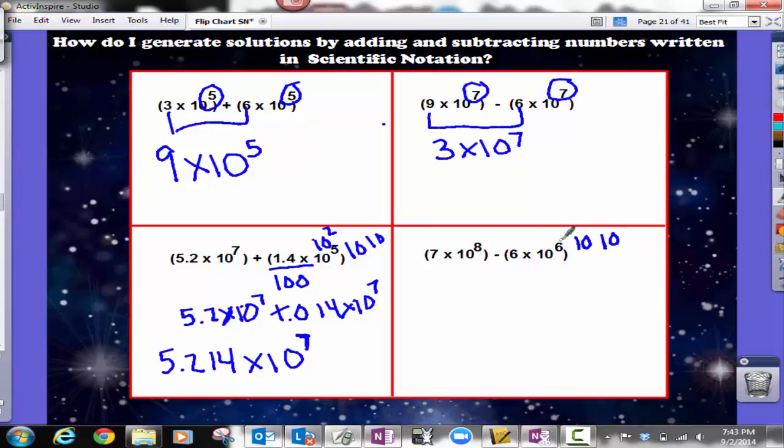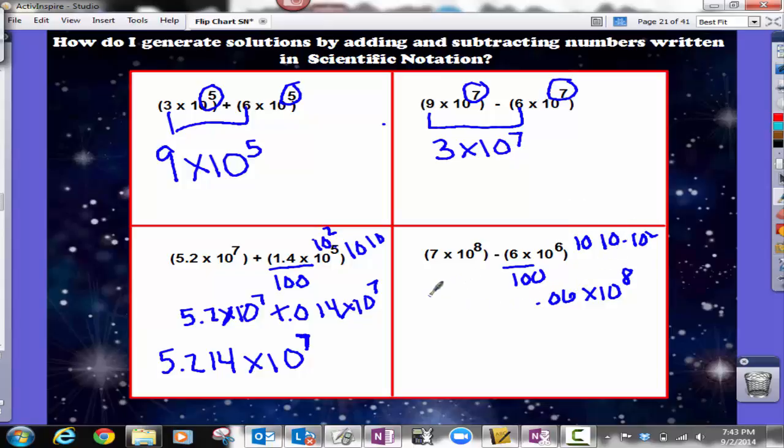And that gives me, again, 100 because it's just like saying 10 squared. And then all I'm going to do, again, is divide the 6 by 100, and now I have 0.06 times 10 to the 8th power, because I raised it up 2 spots.